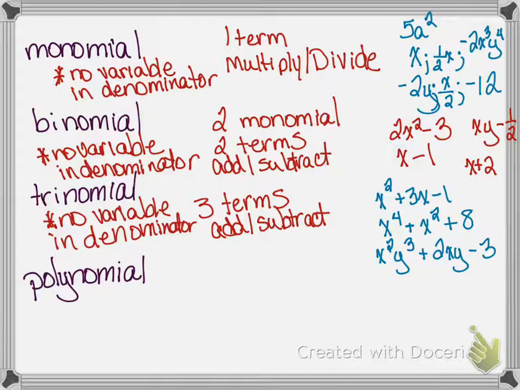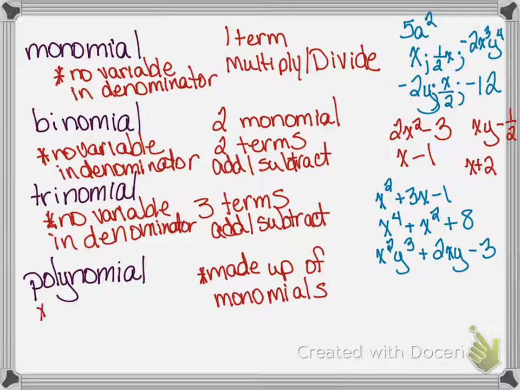So a polynomial is made up of monomials. The definition of a polynomial is it has to have a smooth curve. We're not going to do a lot of graphing in this class, but that will come up later.